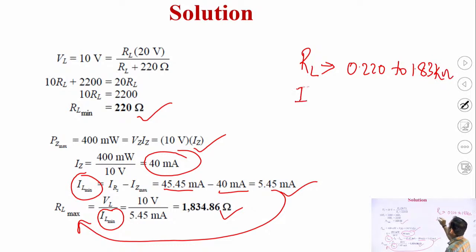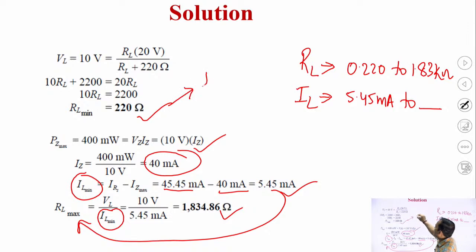Also we have a range for IL, and the minimum value is 5.45 milliampere. The maximum we can calculate when RL will be minimum. So when this will be minimum, the maximum value will be 45.45. Also we can calculate the minimum value using the relationship here.